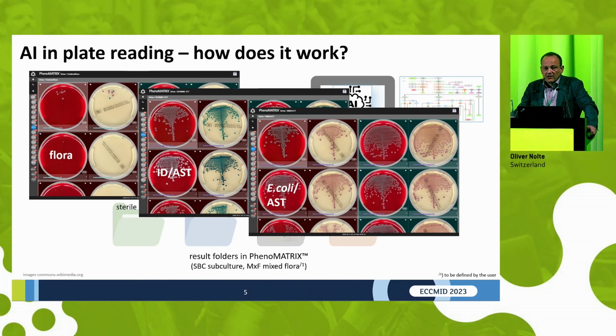The main thing here is that we get a predefined categorization, a result which is proposed by the AI and which needs to be confirmed by the user. That's a pretty good difference to the way we are used to working in the laboratory right now.